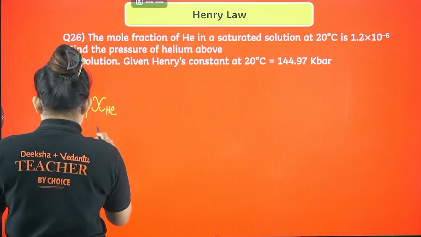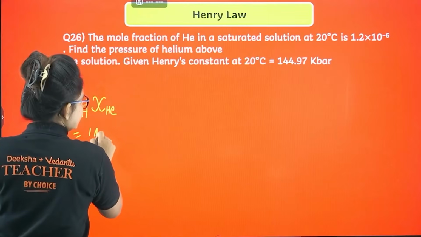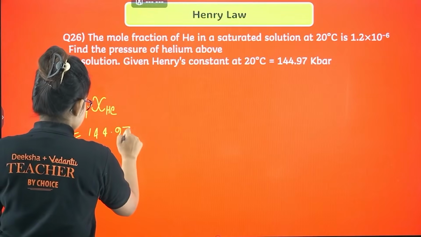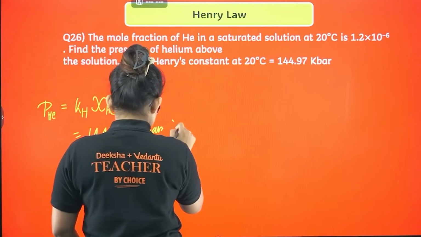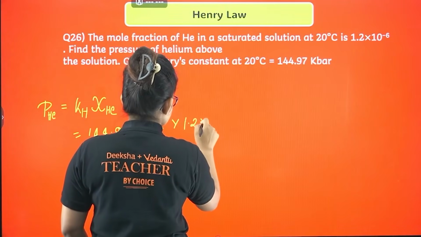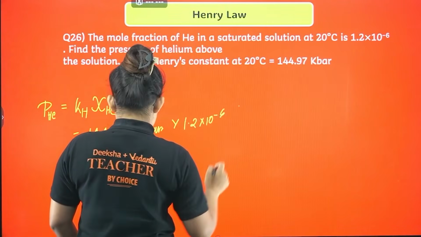So simply we can do 144.97 into 1.2 into 10 power minus 6.